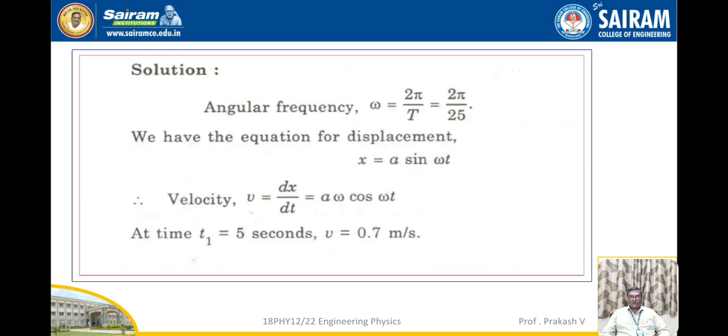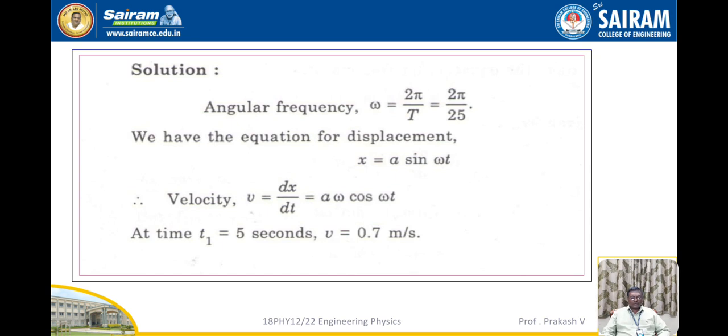Now if we look at the solution part, the angular frequency omega is given by 2 pi by T, that is equal to 2 pi by 25. And we have the equation for displacement, that is x is equal to a sin omega t. So the velocity v is equal to dx by dt, that is equal to a omega cos omega t. At time t1 is equal to 5 seconds, the value of v is equal to 0.7 meter per second.